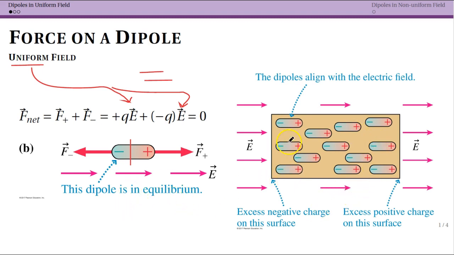So it's like you start with a non-polarized insulating material. You put it in this external electric field. At that case, there are forces that are just pulling the dipole apart, but then it stops when it reaches this equilibrium condition.